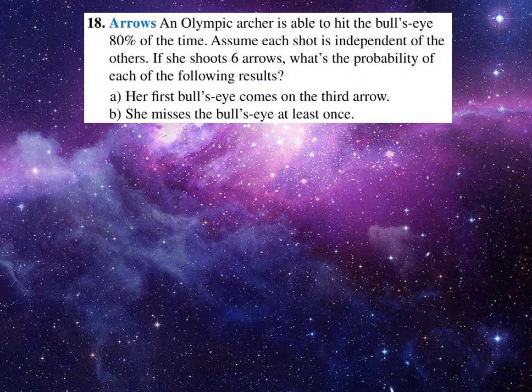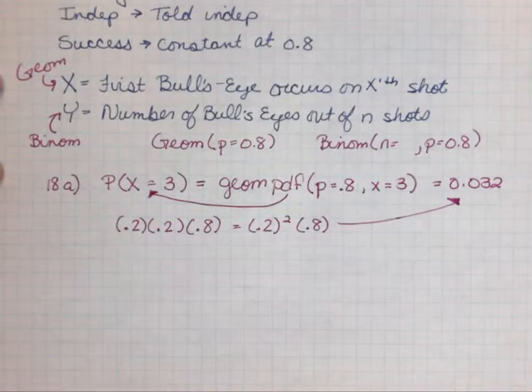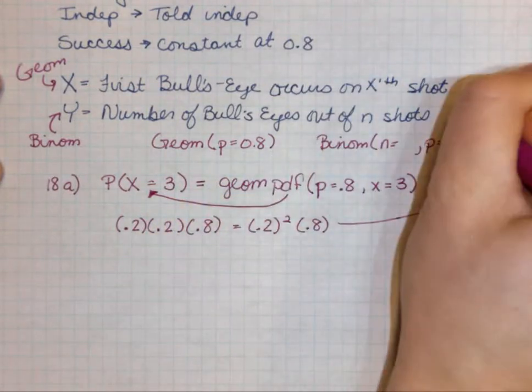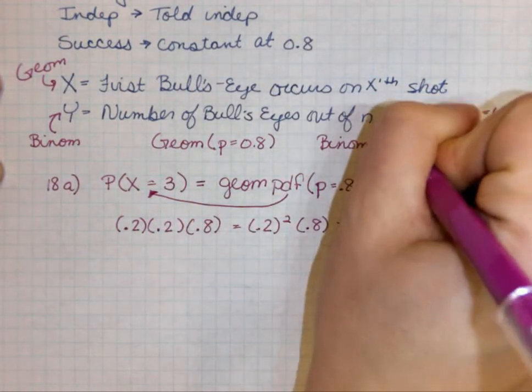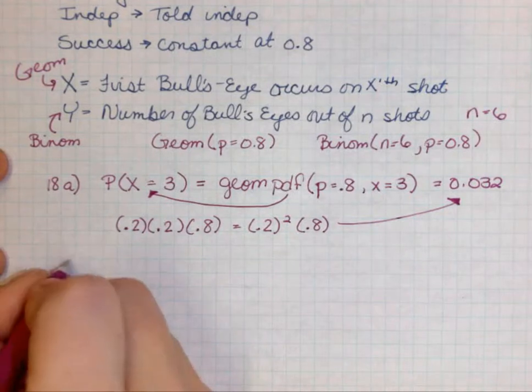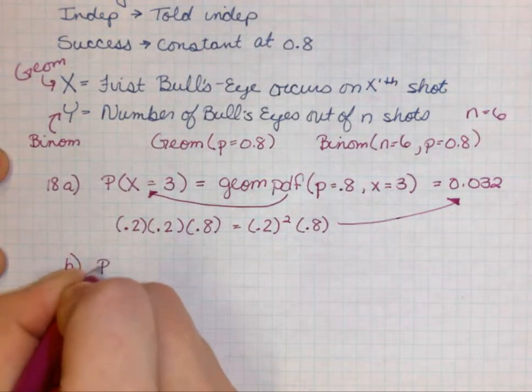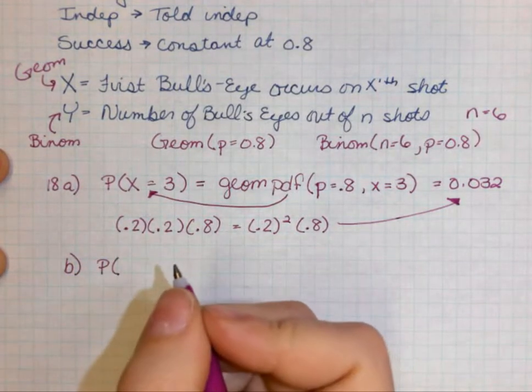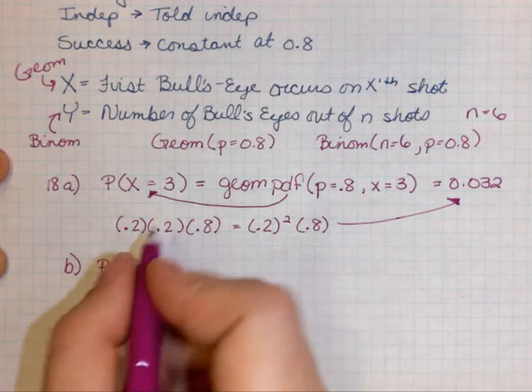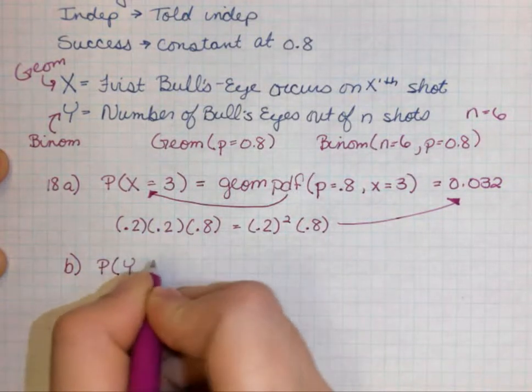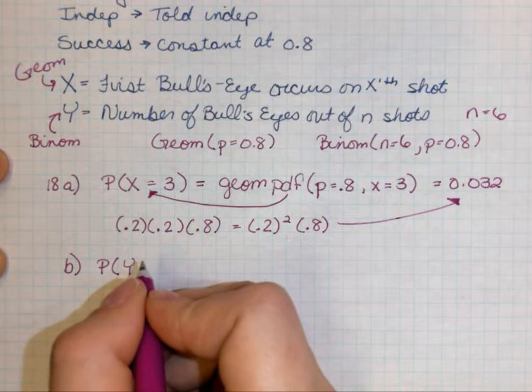So for this, if I'm looking at that, wait a minute, at least once out of how many? 6. So here I've got n was 6. Okay, so for 18b, I'm going to say the probability, if we're looking at number of bullseyes out of n shots, that means I'm going to use the y, and it says at least once.